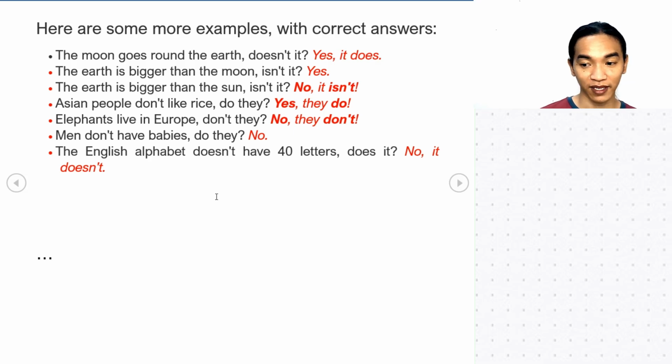I would just like you to look at that. The tip that I could give you here is to look at the statement, and then say yes or no based on whether the statement in the first part is factual or not. Please remember that. I hope you find our lesson today very helpful.